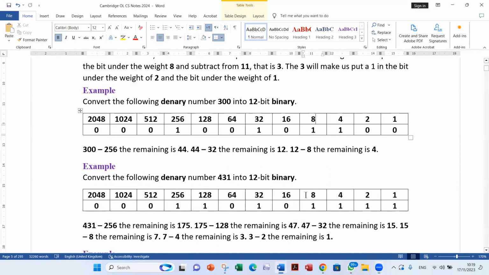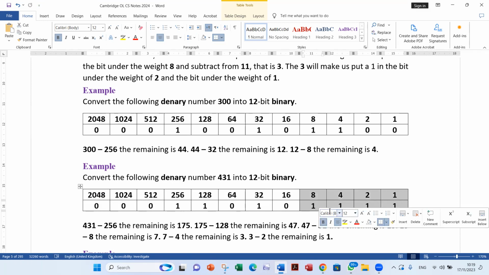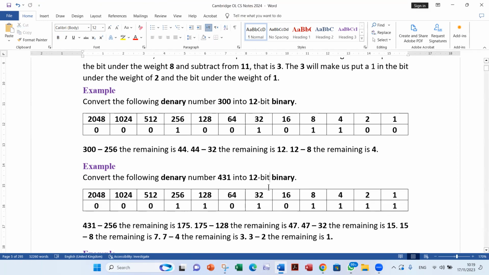Because of something that is going to be called hexadecimal, which always deals with 4 bits, I just know these 4-bit patterns very well. When I have 15, I fill them all here with 1, because 8 plus 4 plus 2 plus 1 is 15. Getting experience and practicing will help you a lot. So this is the pattern you are supposed to have.